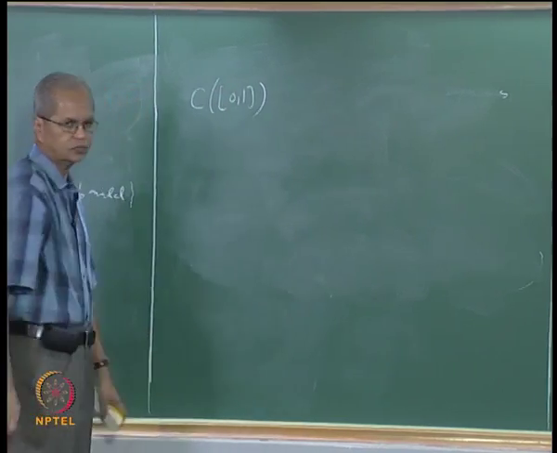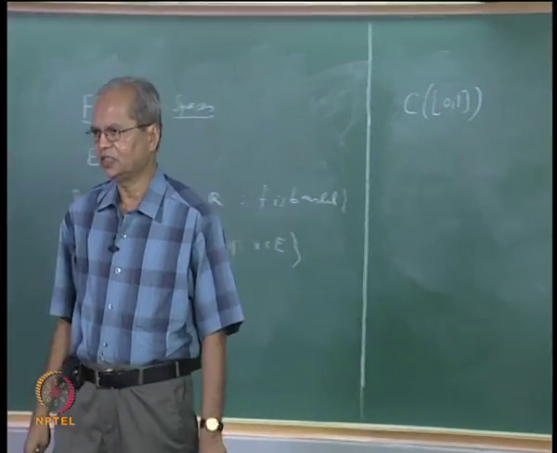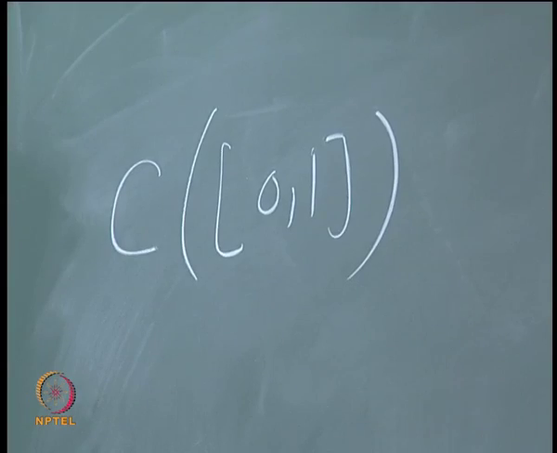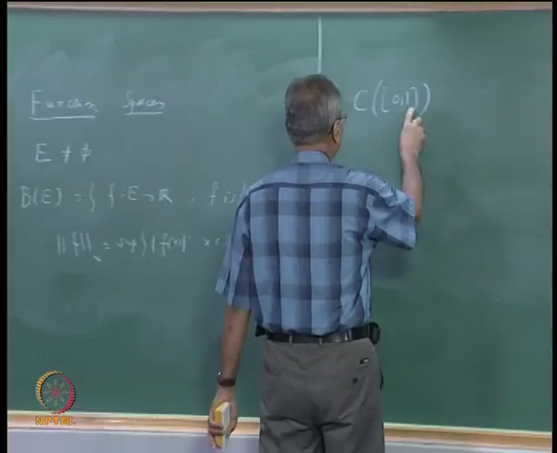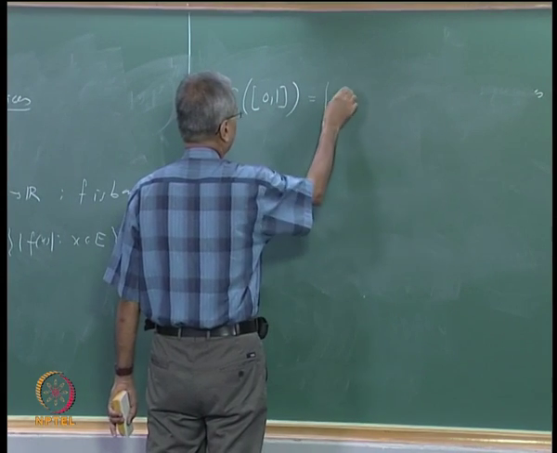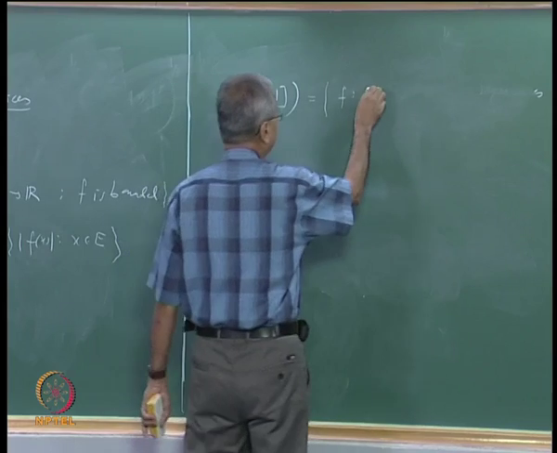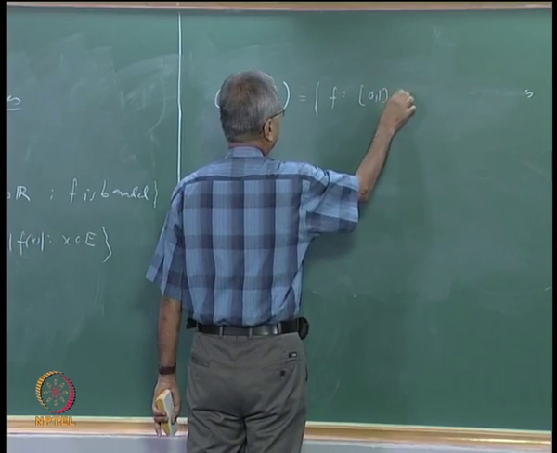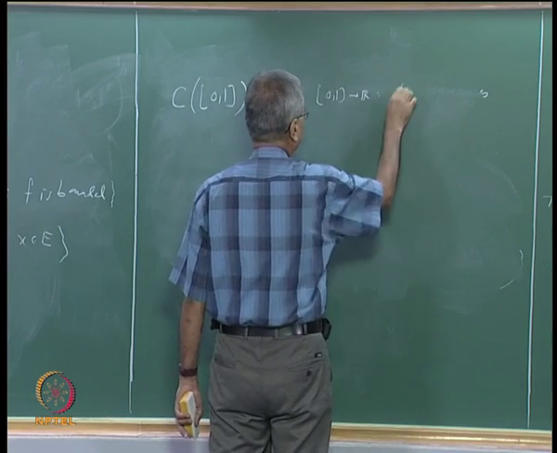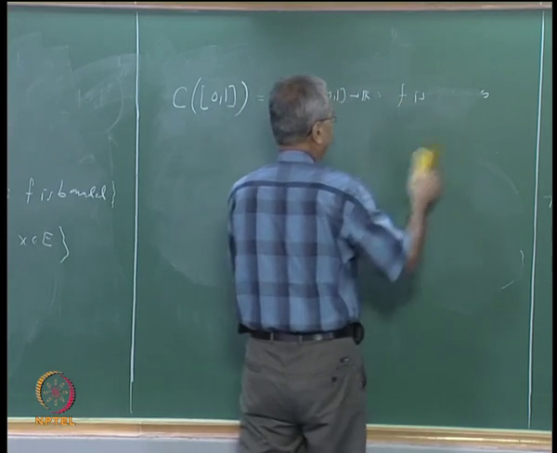We shall go to a detailed discussion of continuous functions on metric spaces a little later, but you all know from your undergraduate courses what is meant by a continuous function on the interval 0 to 1. So we take the function f from [0,1] to R, and f is continuous.